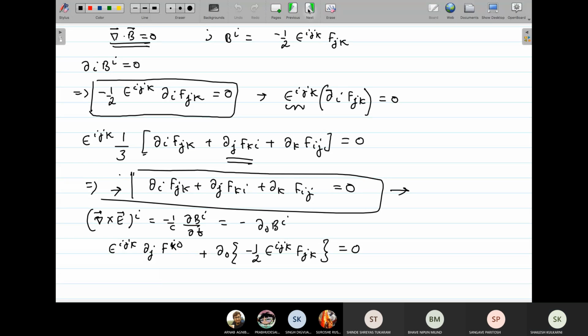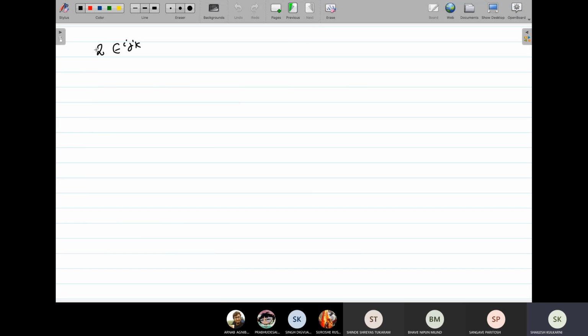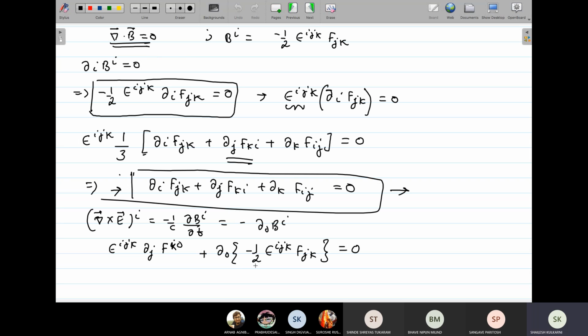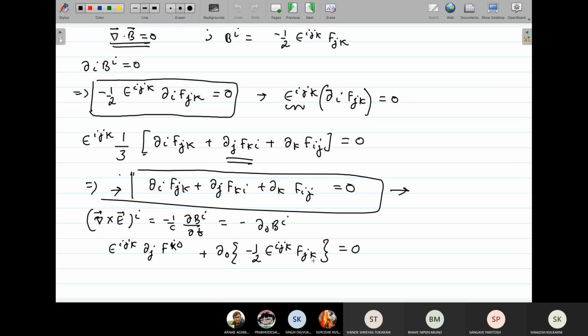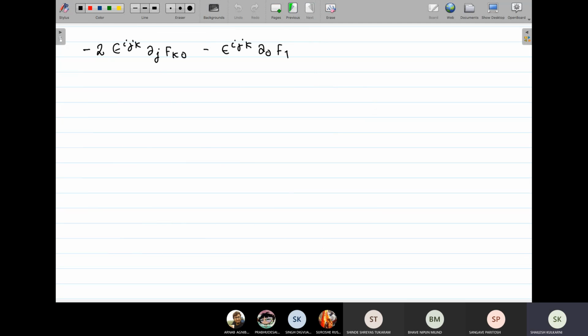So this will be minus ∂_j f lower k0. Then twice I have written here, and I will write 0. So this will be minus epsilon ijk ∂_0 f_jk, this is equal to 0.